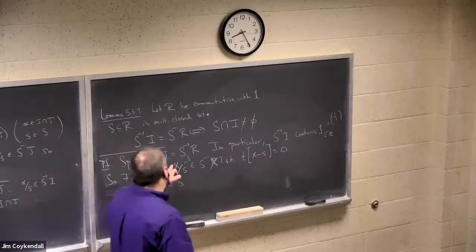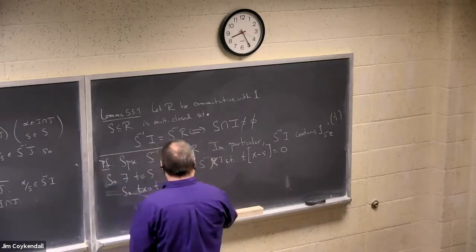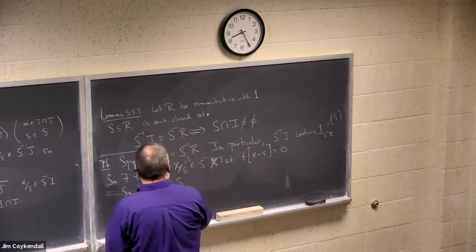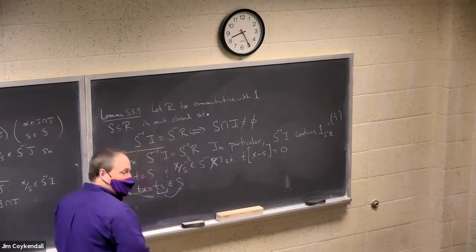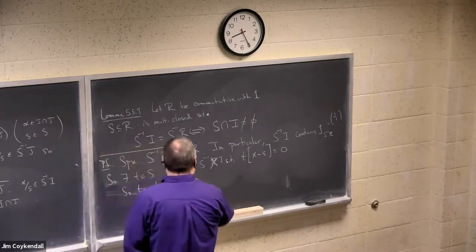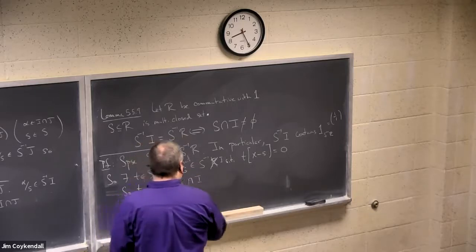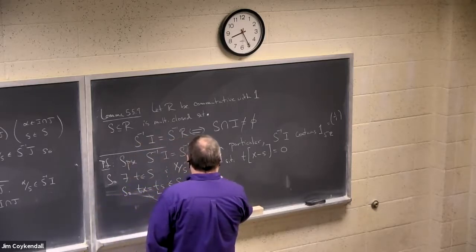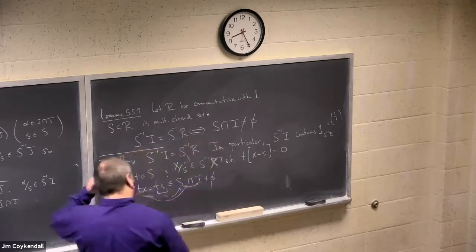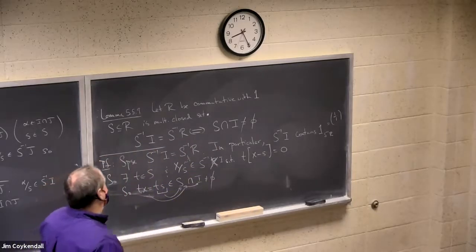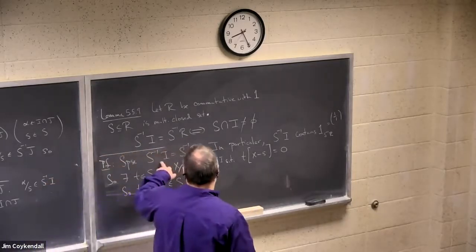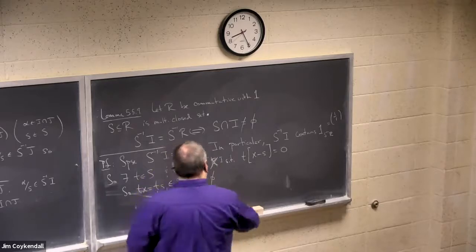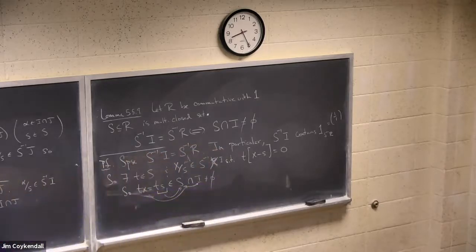Yeah, so I want x to be in I. This is in S, because T and s are in S, and this is also in I, because Tx is in I. So in other words, if these two are the same, then S and I must overlap. In particular, in that element there, we have.